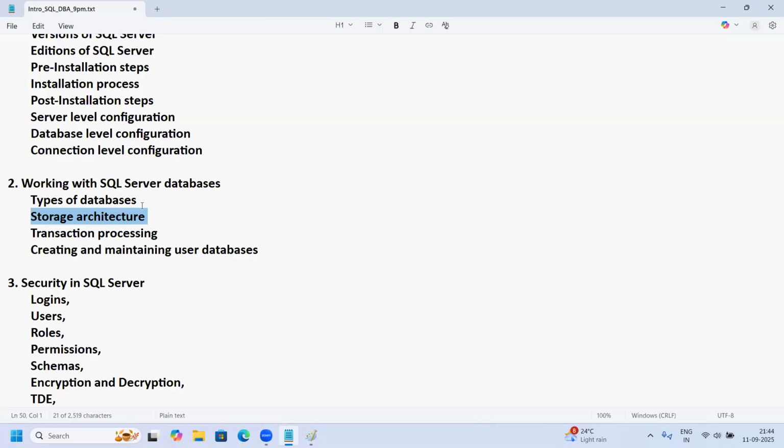Yeah, some features are there. I would say very clearly, especially Always On. This feature is a little difficult to get implemented on a normal Windows operating system if you are planning to go ahead with some real-time exposure on it.